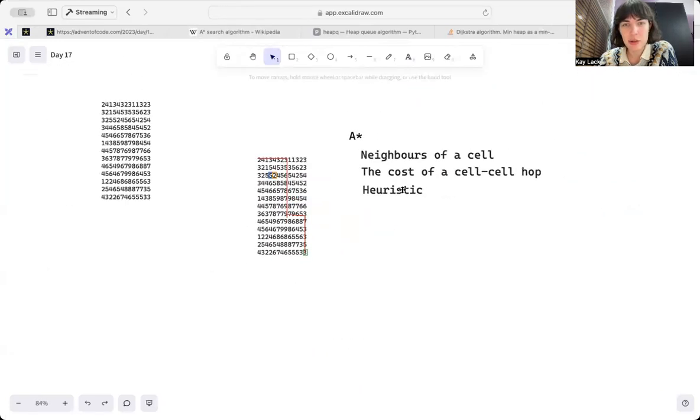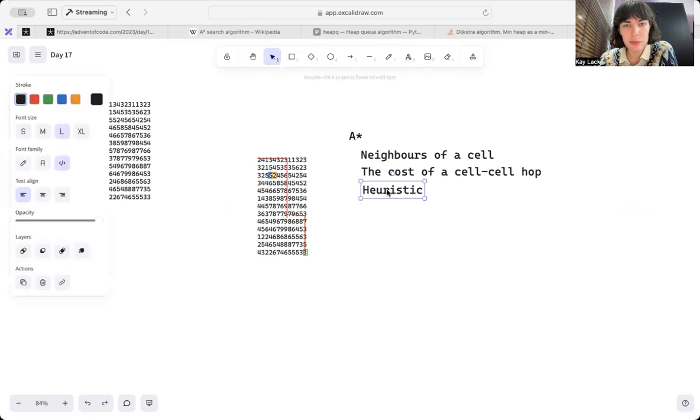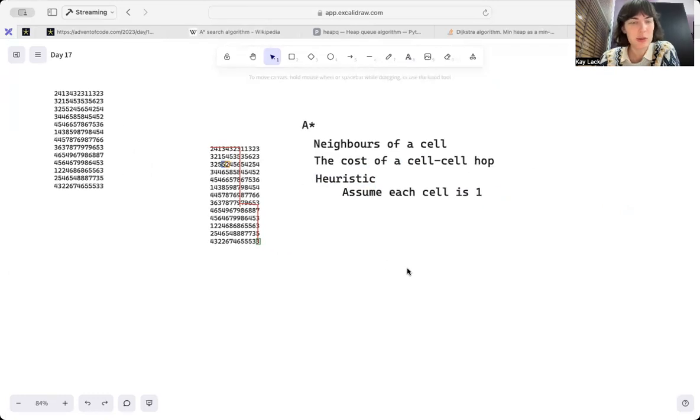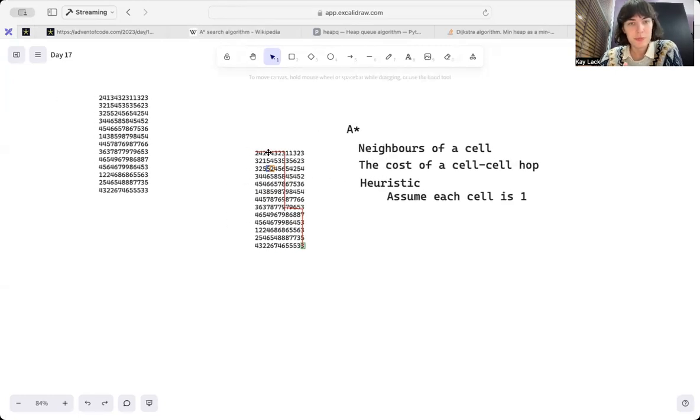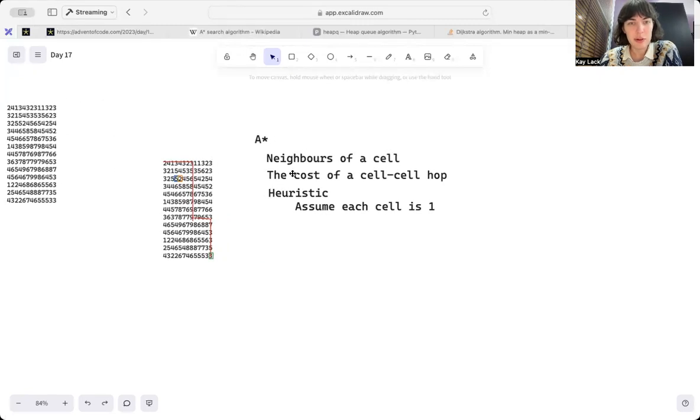Right. So the heuristic, we need to essentially assume each cell is 1 for the purpose of the heuristic. So it's the Manhattan distance essentially, which is the down cells and the right cells, the down jumps and the right jumps added up. So the heuristic we need to be careful of.